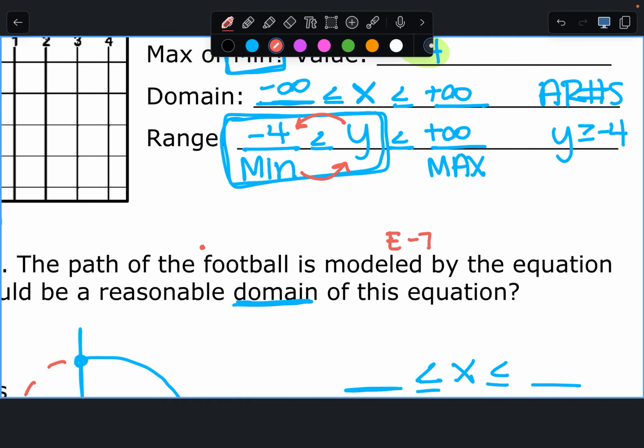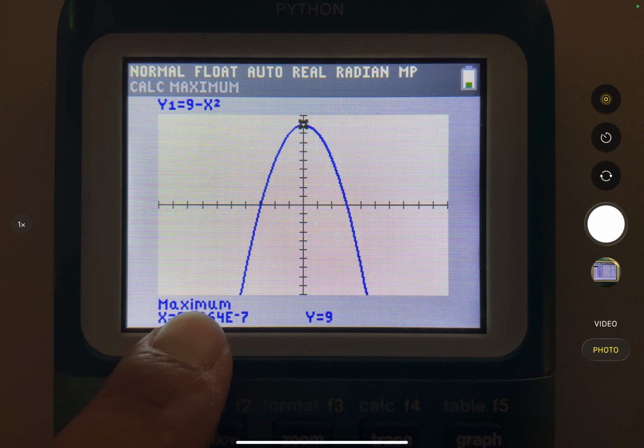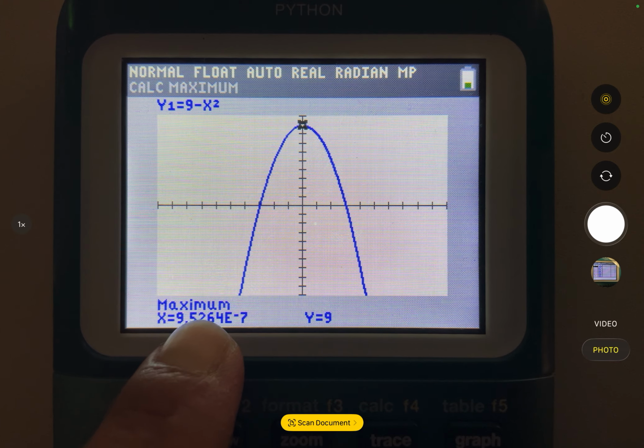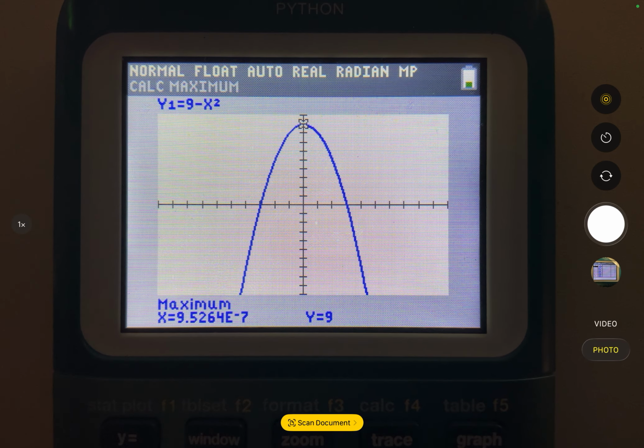That tells me I have 1, 2, 3, 4, 5, 6, 7 zeros before my 9, 5, 2, 6. That's just a really, really weird way of writing what number? 0, okay? You see an E, that's a 0, 0, 9. Got it? You might have a different number other than 9.5. Just depends on where you ended up putting the star.